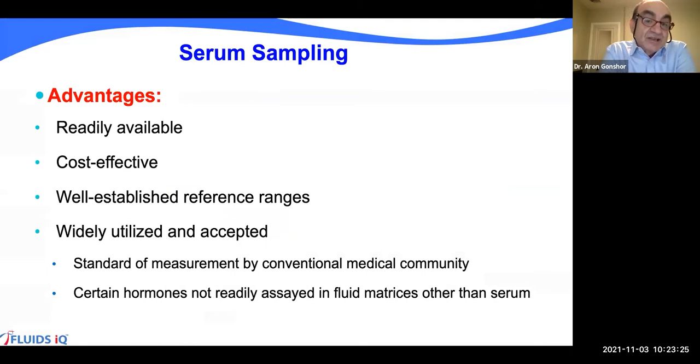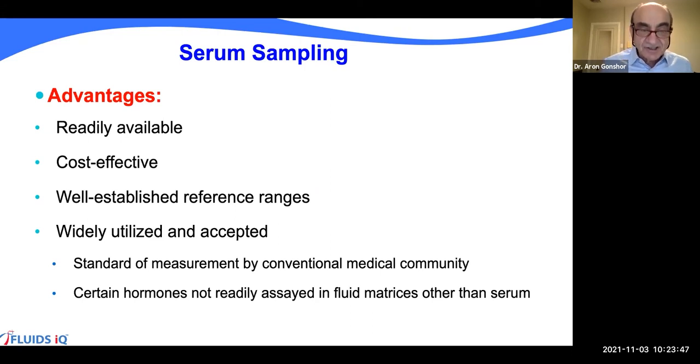So what are the advantages of serum sampling? And remember, I'm looking at serum now, not blood especially, but the serum aspect of blood. Well, the advantage of serum sampling is that it's readily available. Any hospital, any outpatient department can test with blood in order to get the serum.